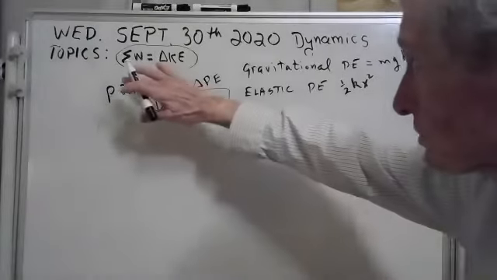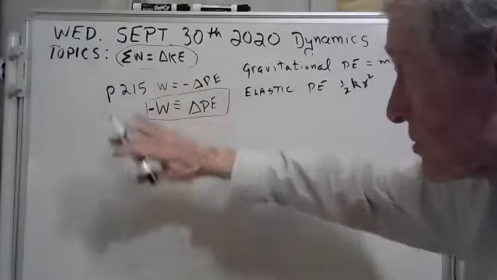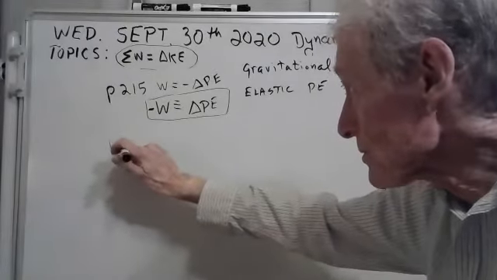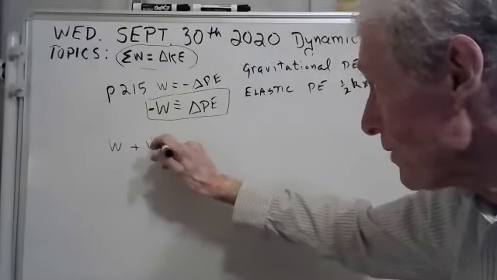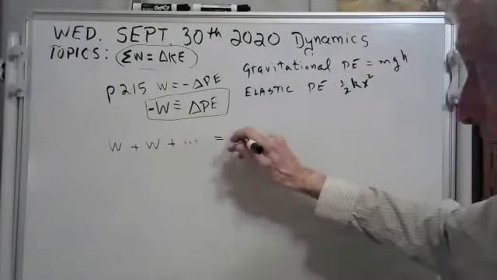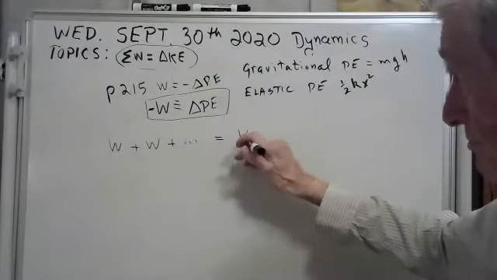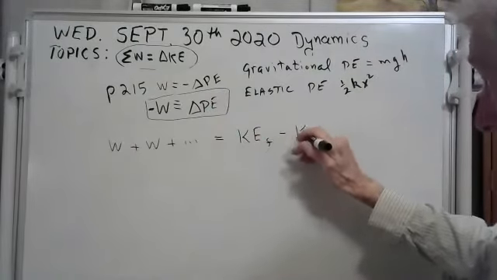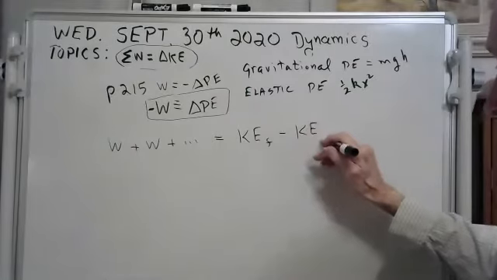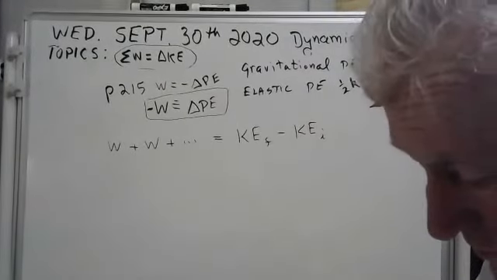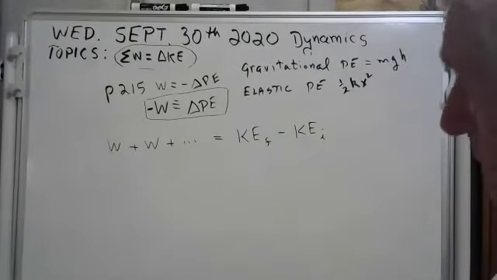Going back to the second most important equation in the course, if you add up all the works done on a body, it's equal to the change in kinetic energy. What that means is the final minus the initial kinetic energy.